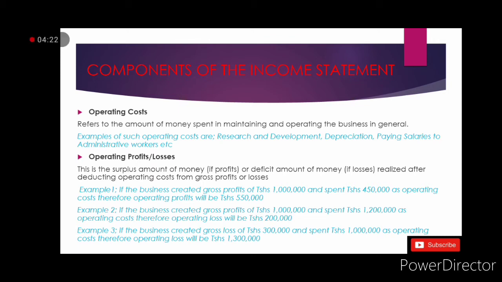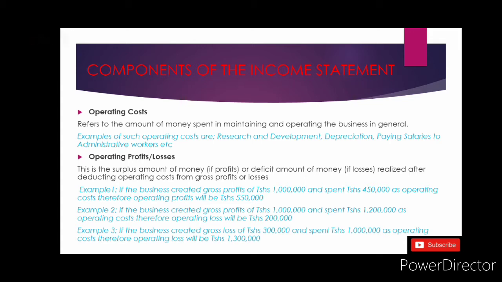If there is no amount of money that is left, that is if the balance is negative, then that is a loss. So, example 1: if the business created a gross profit of 1 million shillings and spent 450,000 shillings as operating costs, then operating profit will be 550,000 shillings.